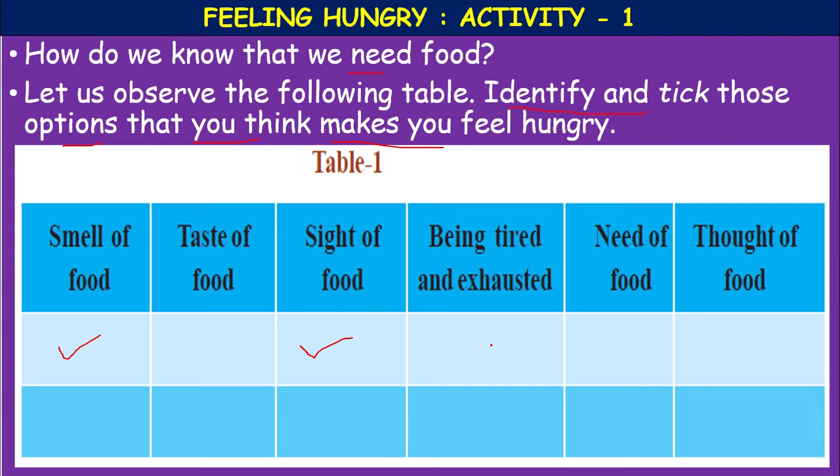Being tired and exhausted, definitely it will generate a feeling to eat something or to drink something. Then thought of food, okay, these 3 are a must, which show that you are hungry. Okay. Then only the taste of the food, the thought of food and the need of food.